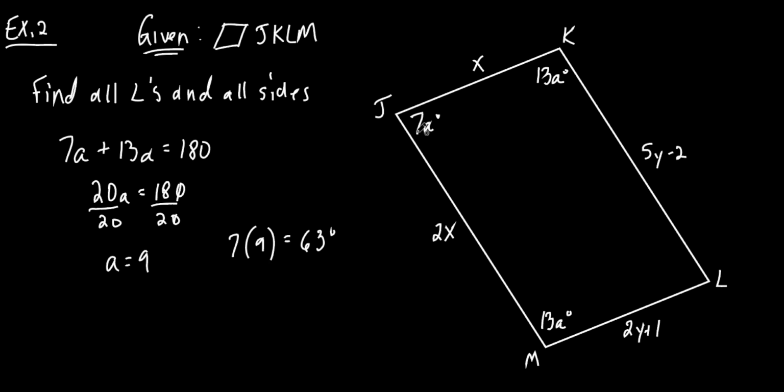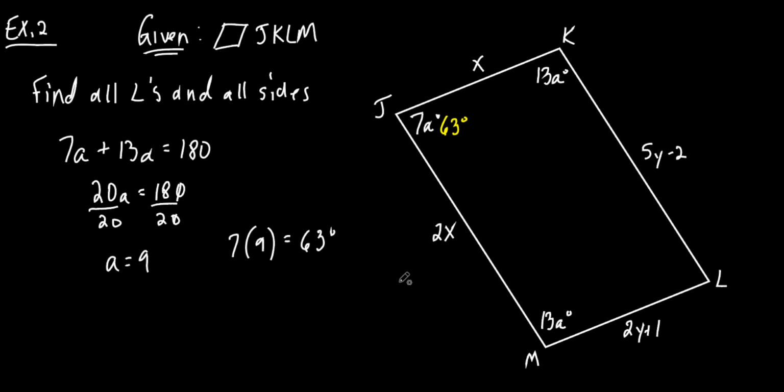So I found this angle right here, 7 times A, 7 times 9, which is 63. So that's 63 degrees. Angle J, if you wanted to list it out, would be 63 degrees.